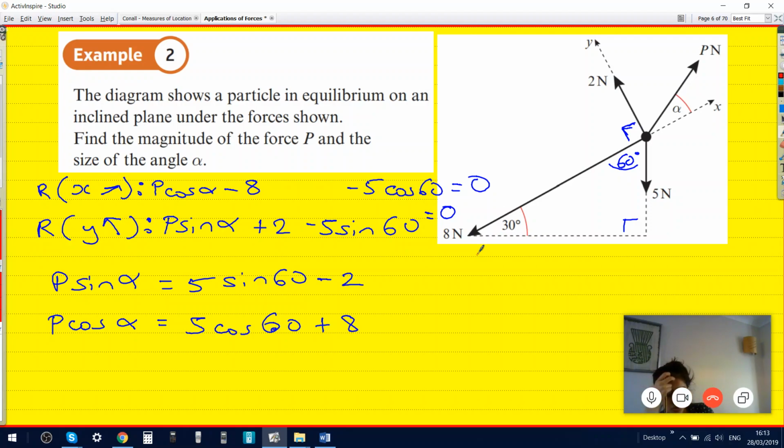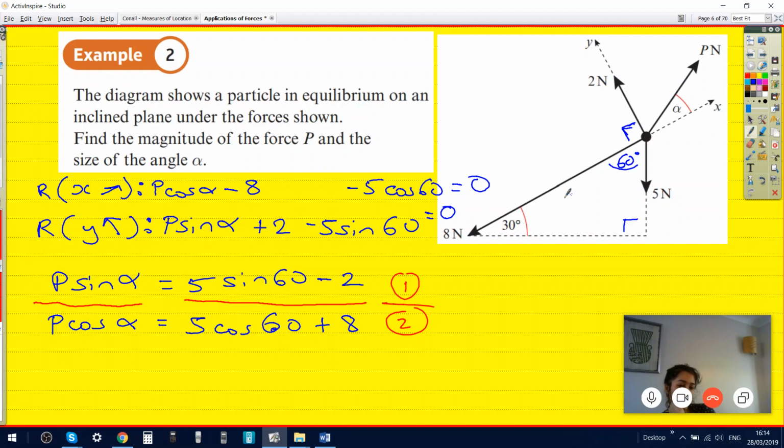You've got simultaneous equations: two equations, two unknowns. How can you eliminate the P? Minus them? That won't eliminate it. Divide them by each other.